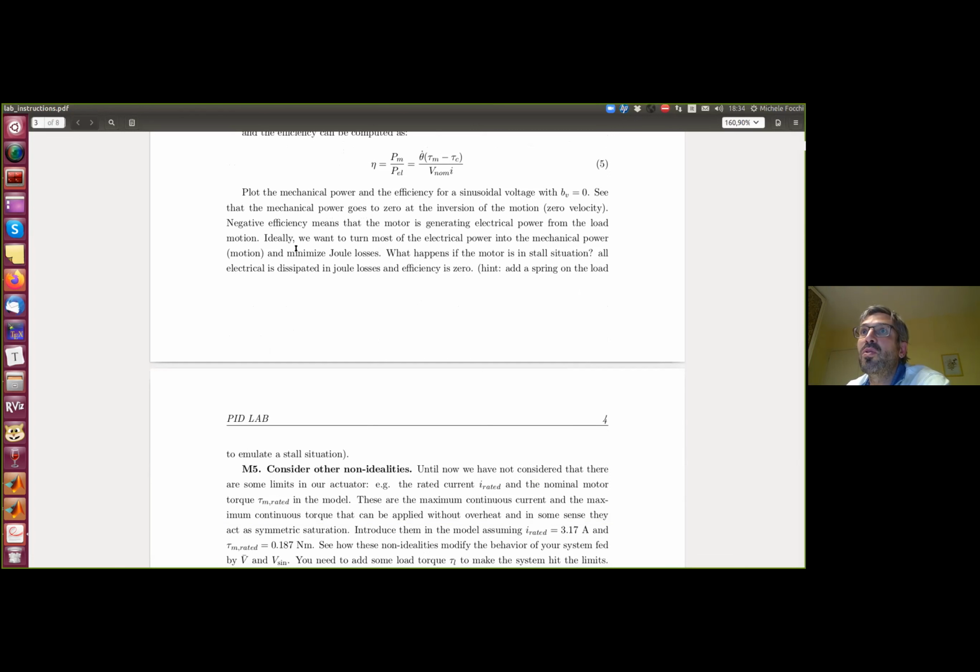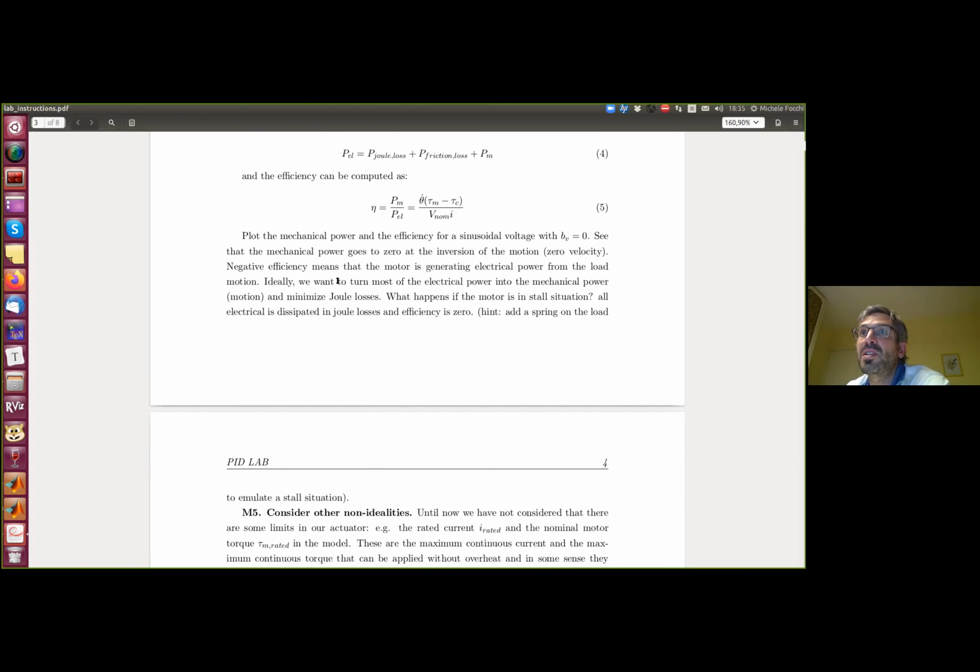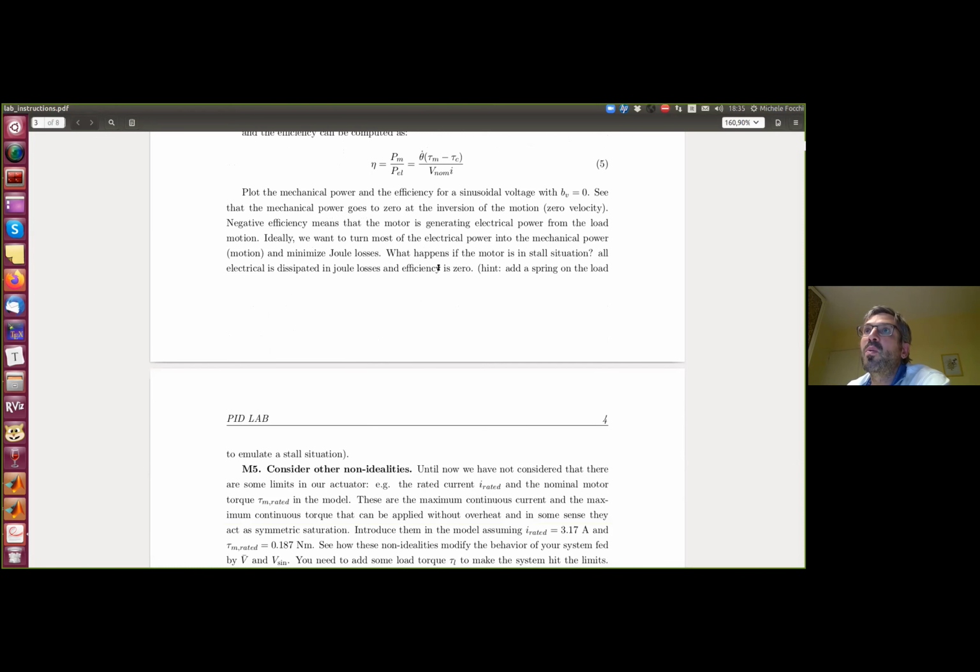Ideally, we want to maximize efficiency, which means minimize Joule losses. And we know that the worst situation is when the motor is in a stalled situation, where all the voltage goes into current to, for example, overcome a load torque that is too high, so there is no motion.